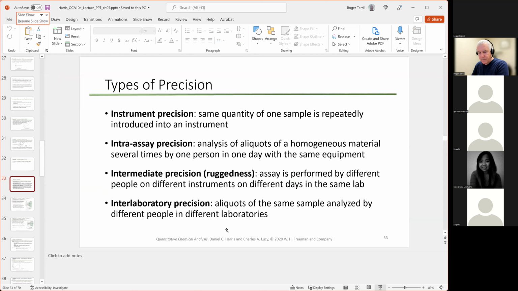Are you seeing a screen that says types of precision? Yes, we can see the types of precision. Is it in a window with all kinds of button bars around it, or is it full screen? Okay.